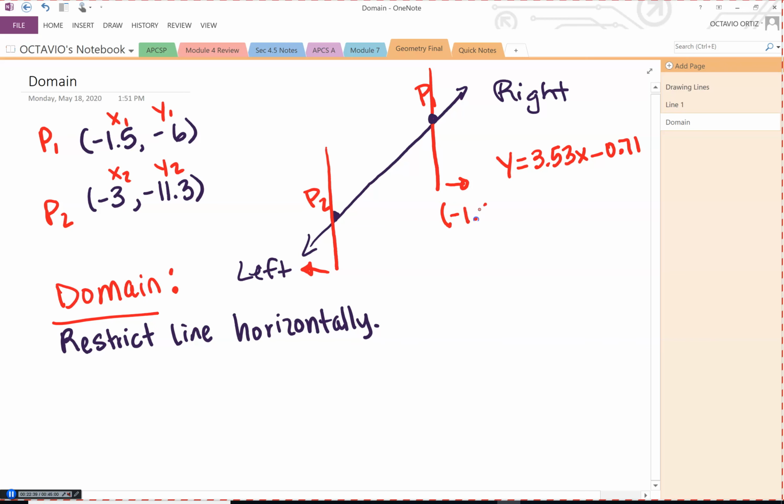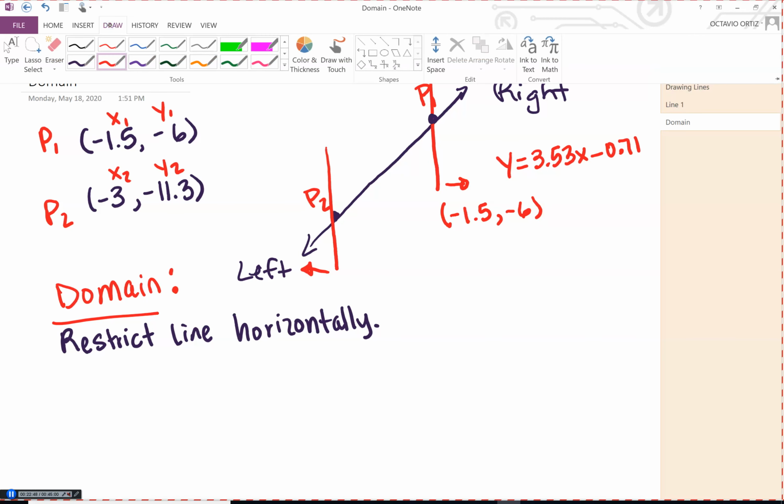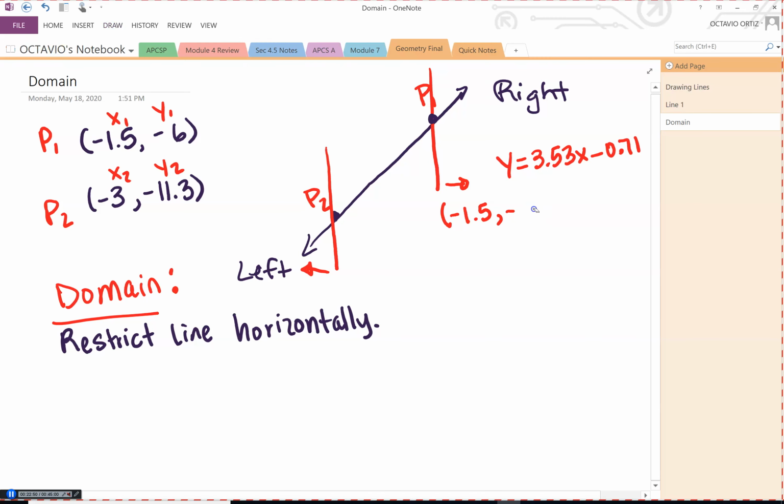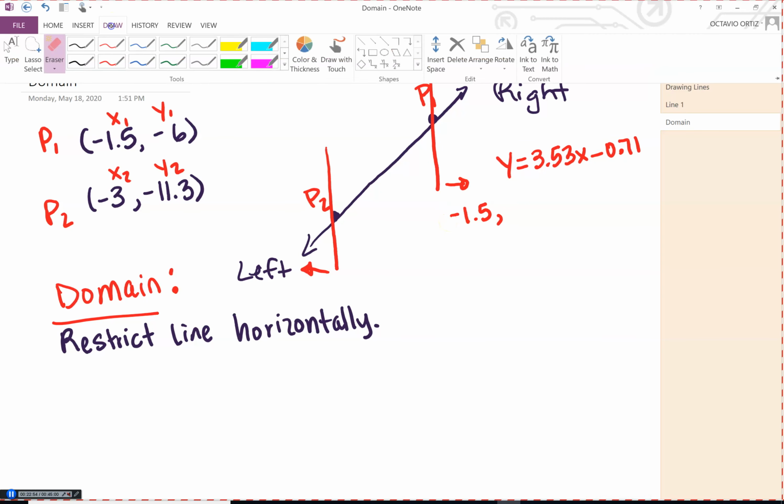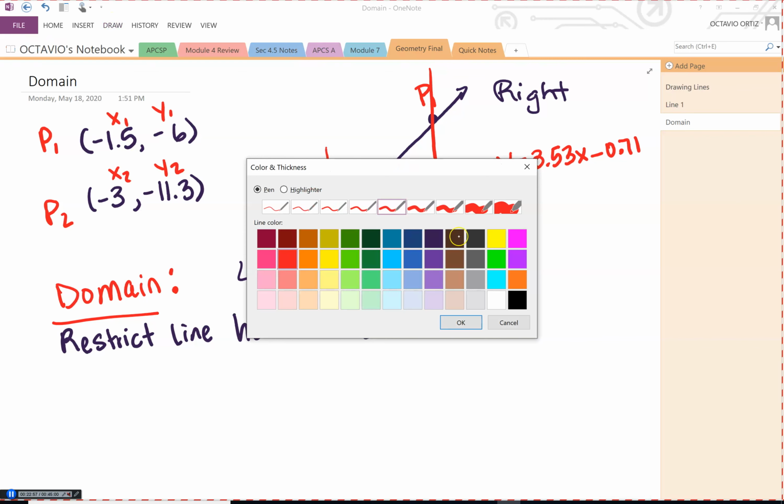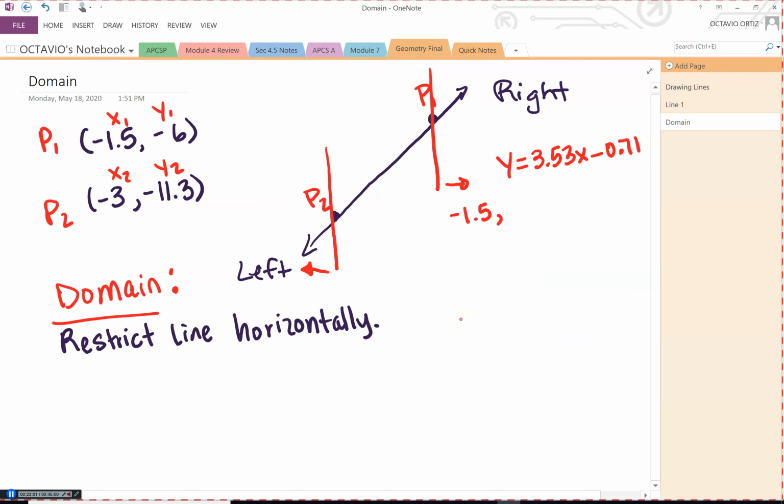In this case, it's negative 1.5. Actually, I'm not interested in the y coordinate, so let me not write it down. Negative 1.5 is the x coordinate of point 1, and negative 3 is the x coordinate of point 2.